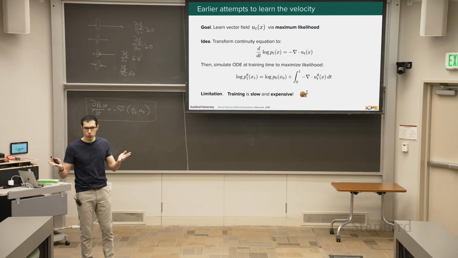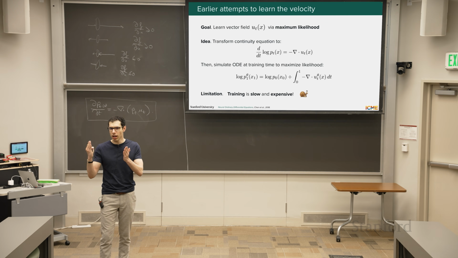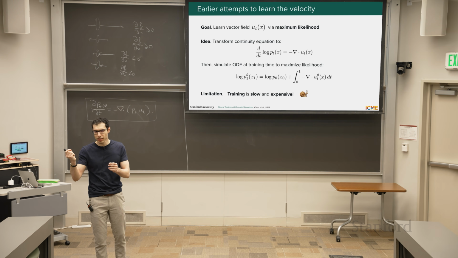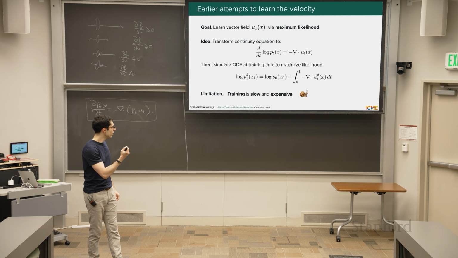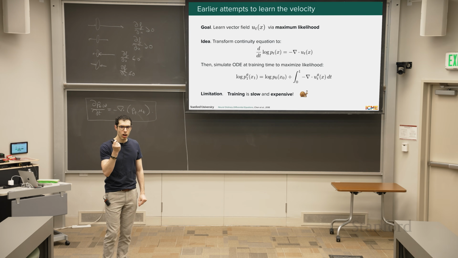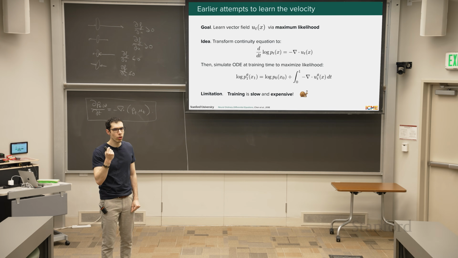So you want to determine log p1(x1). So x1 is the data from the training set. So you want to compute the probability of your model seeing x1. The problem is you don't know how to compute it.